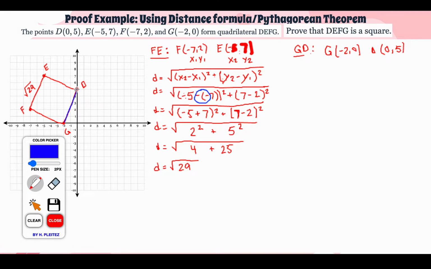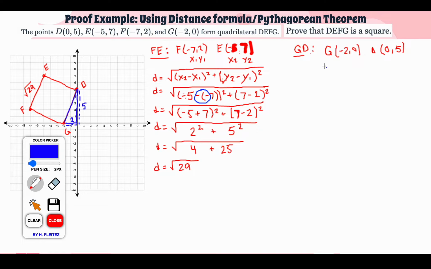What you're actually going to do is create a little right triangle on your grid. When you do that, you can count the boxes to find the lengths of the two legs. The length of this leg right here is 2, and the length of this leg right here, 1, 2, 3, 4, 5, is 5.